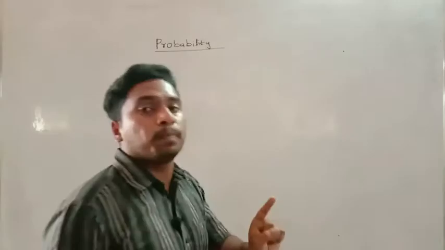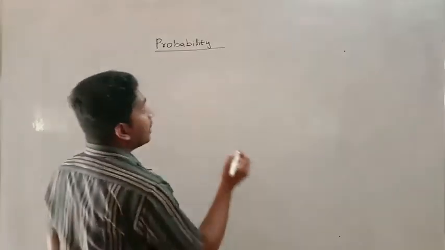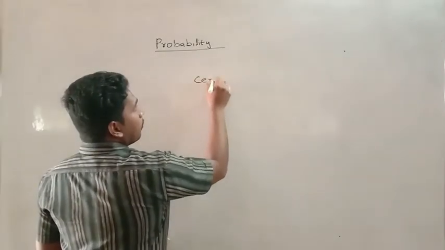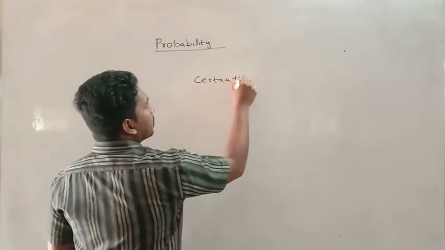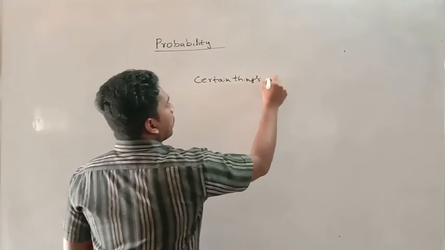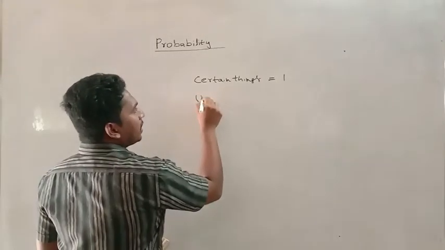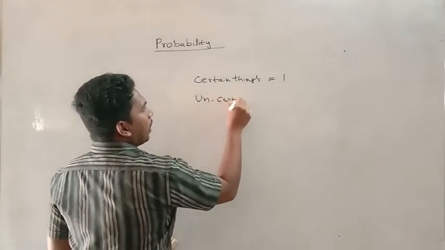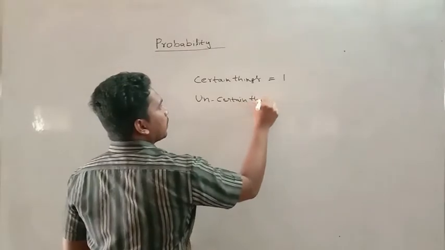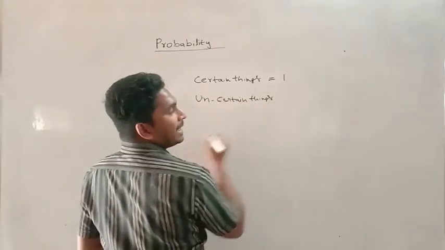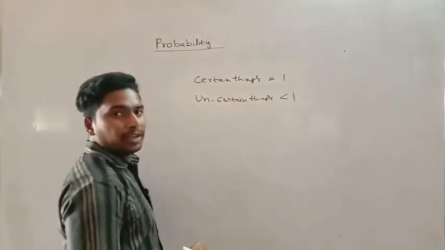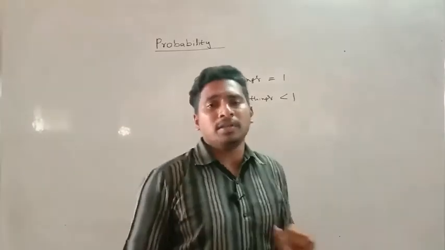So please do remember, for certain things probability is equal to 1, and for uncertain things the probability is less than 1.